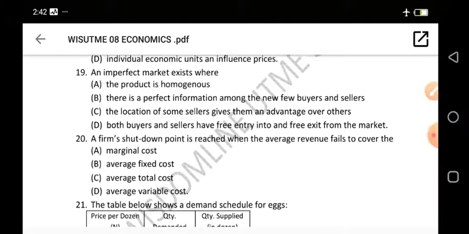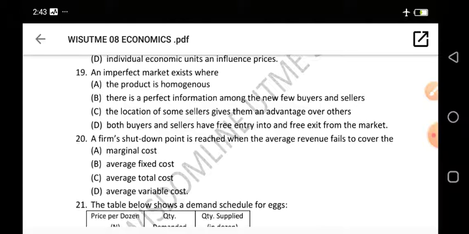It says falls to cover: A, marginal cost; B, average fixed cost; C, average total cost; D, average variable cost. Average variable cost is the cost of raw materials. So the answer to that question is D.